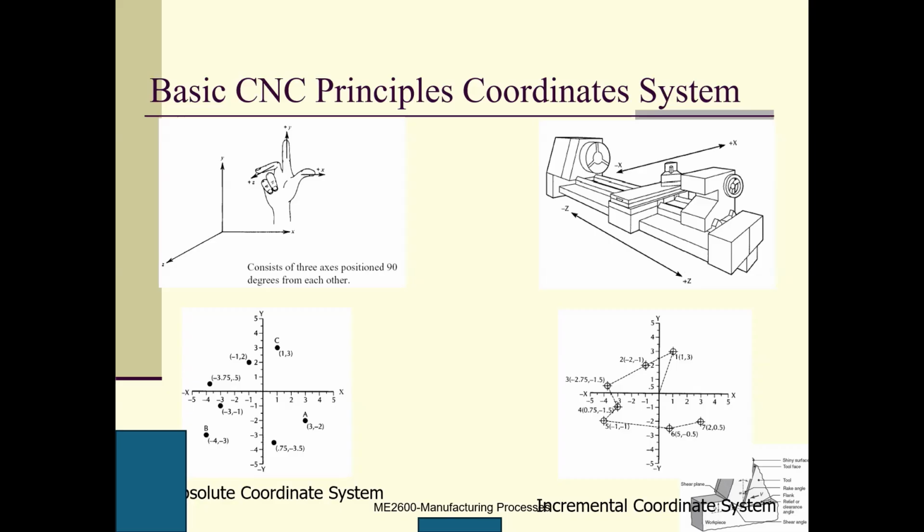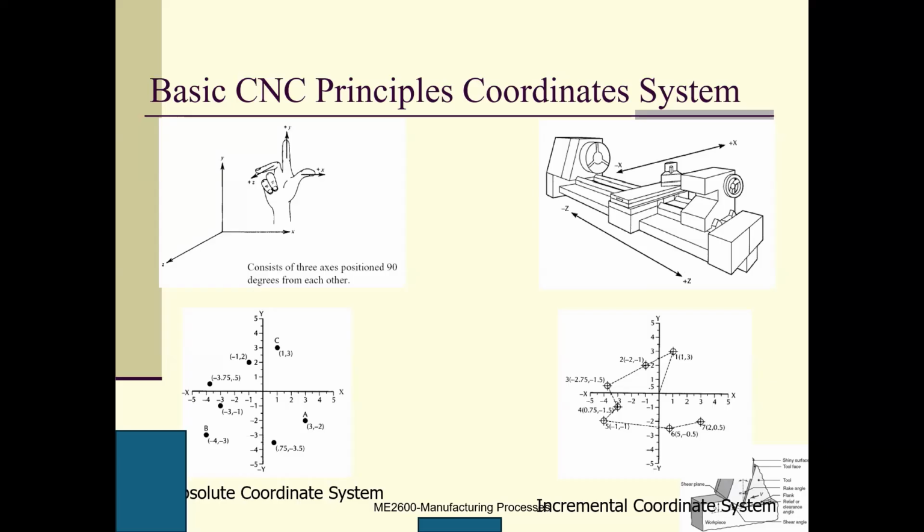From one position to another position, we will not use absolute, we use relative. Incremental and relative are the same: from here to here, we just give the increment. The incremental coordinate system is the same as the relative coordinate system.